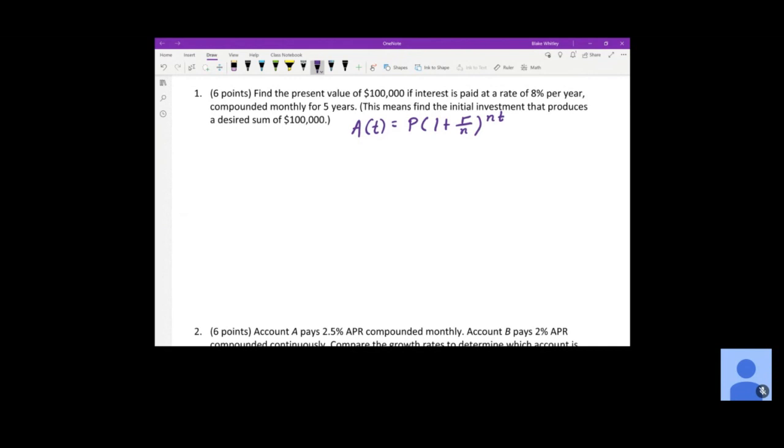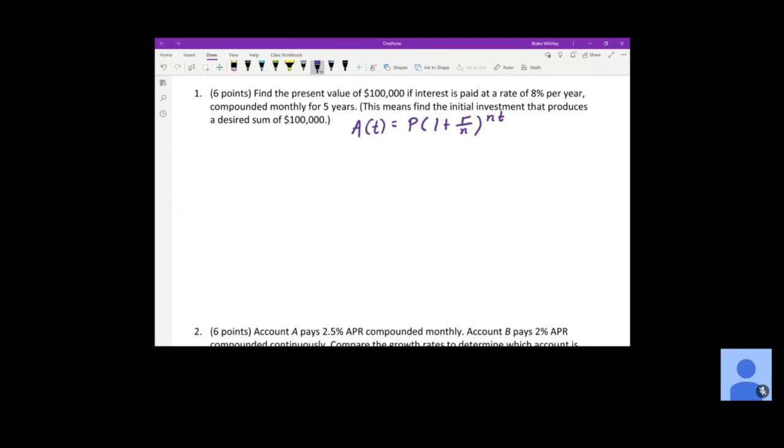Now let's think about what values we have this time. So we have the $100,000. Where does that go? Okay, so in this case, though, right, it says we want to find the initial investment that produces a desired sum of $100,000.